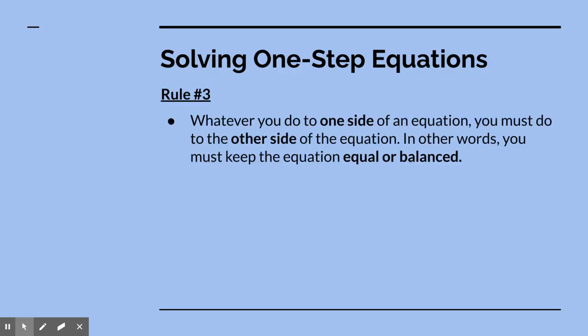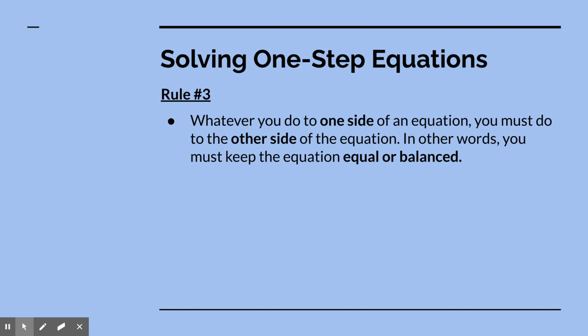Then finally, number 3: whatever you do to one side, you must do to the other. If your equation is not equal or balanced, because you did not do this to both sides, it will be wrong. For the most part, we should remember that, yeah, of course, we do it to both sides.